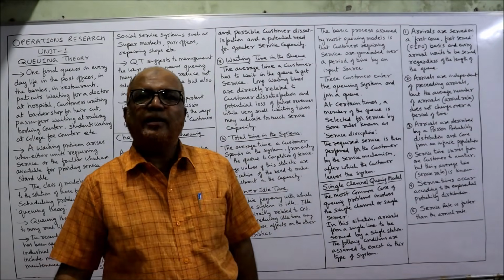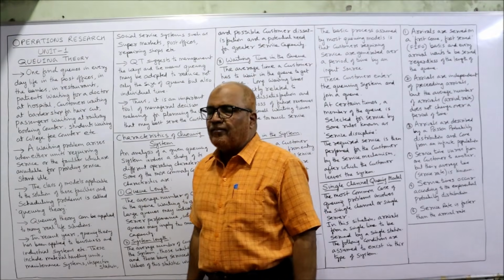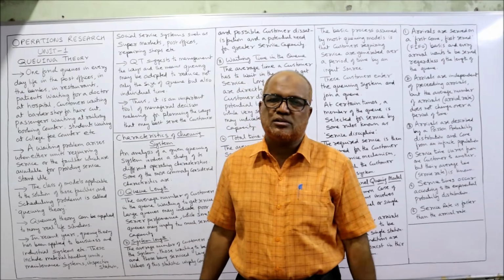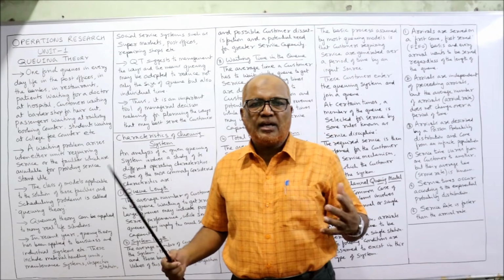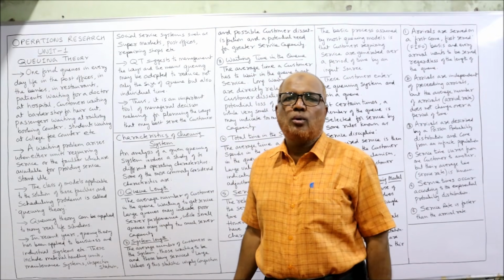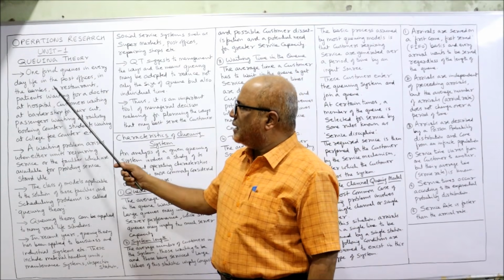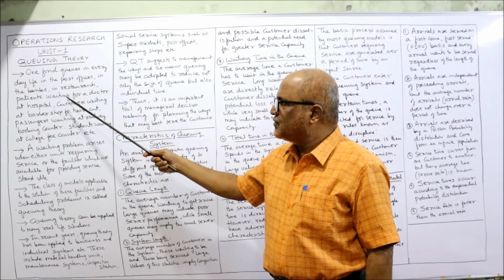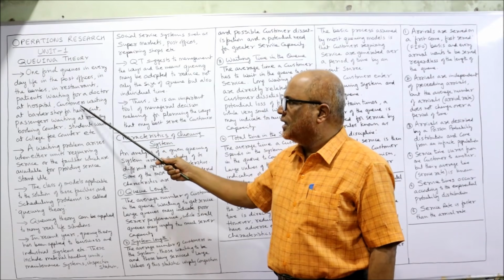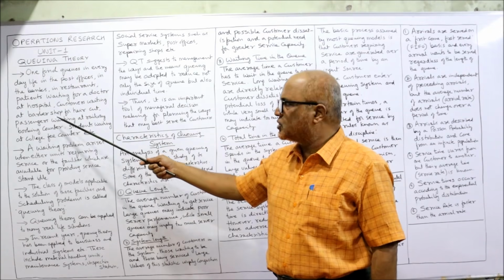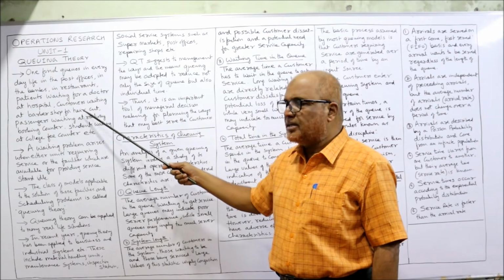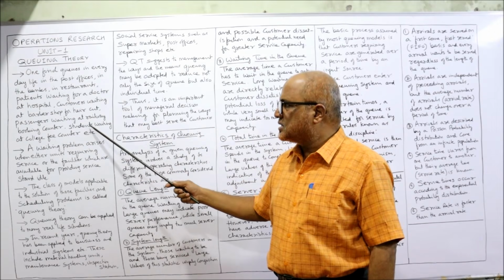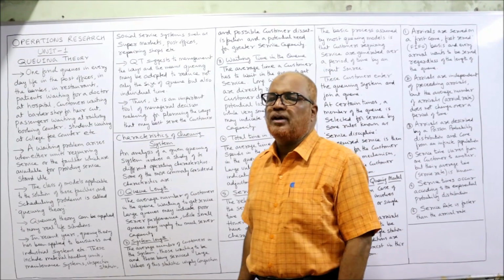Now, queuing theory. In our daily life we find queues in a number of situations. Every day so many queues are there. For example, in the post office, in banks, in restaurants, patients waiting for a doctor at the hospital, customers waiting at the barber shop for a haircut, passengers waiting at the railway station booking counter, students waiting at the college fee counter.